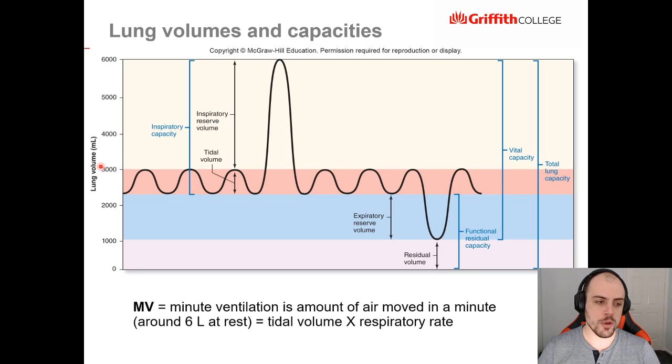If you do a normal breath in, then a massive inhalation after that, that is your inspiratory reserve volume. It's basically how much air you can force into your lungs after you've done a passive breath in. The inspiratory capacity is the normal breath and that forced inhalation all in one. Does that make sense?